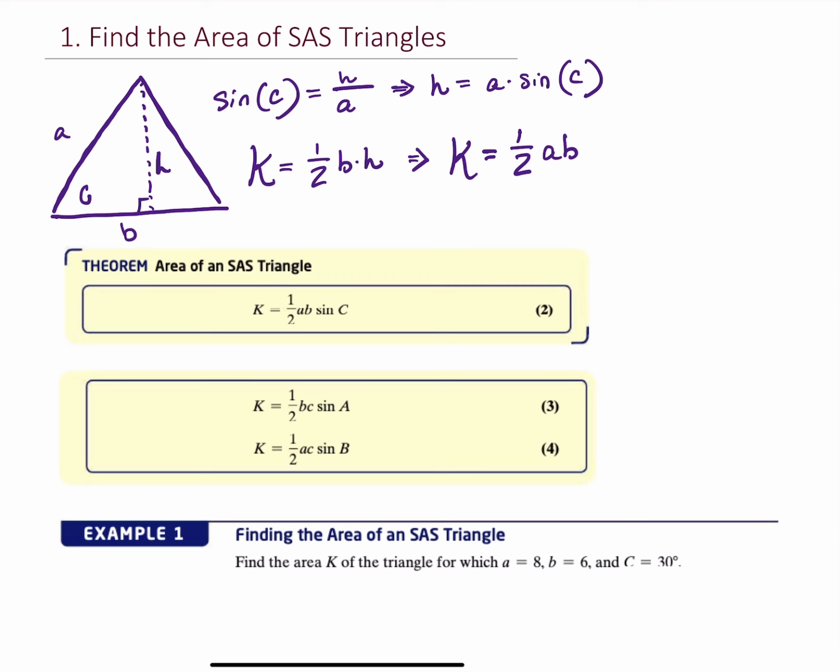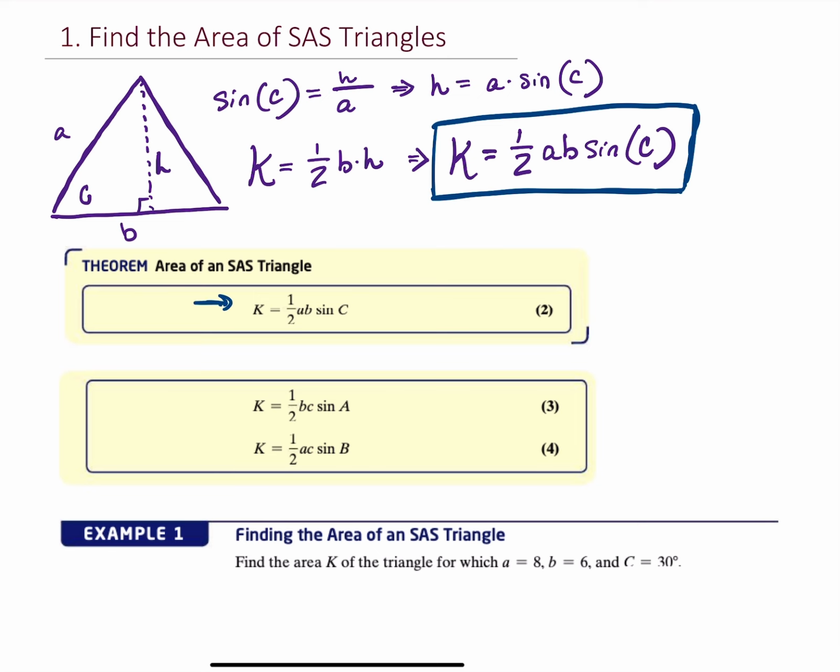So A times B times the sine of angle C. So we get our formula for the area of a triangle. Where we don't know the height of the triangle, sometimes that can be hard to find, but we can use side lengths and angles. So that's our first definition here. And there's two similar definitions using other angles. So we'll pick the one that works best for us.